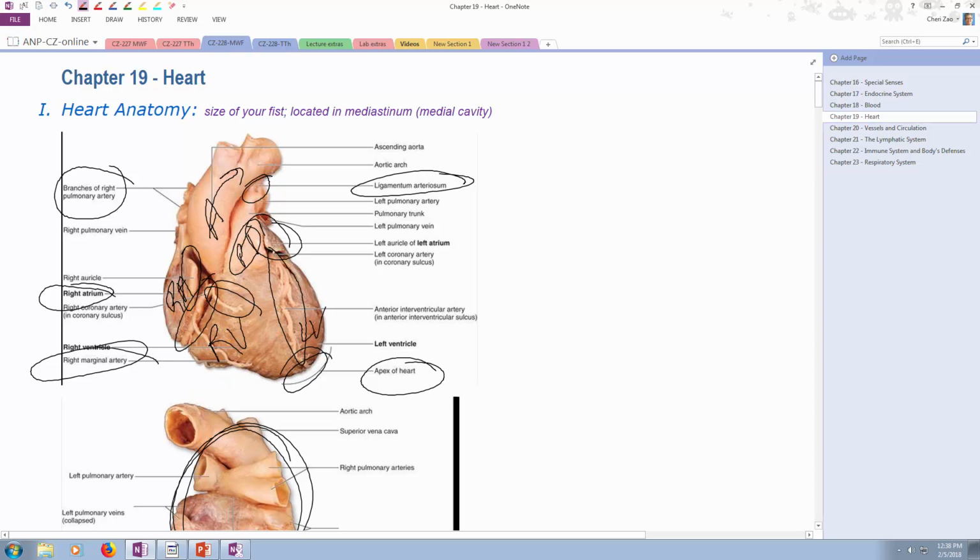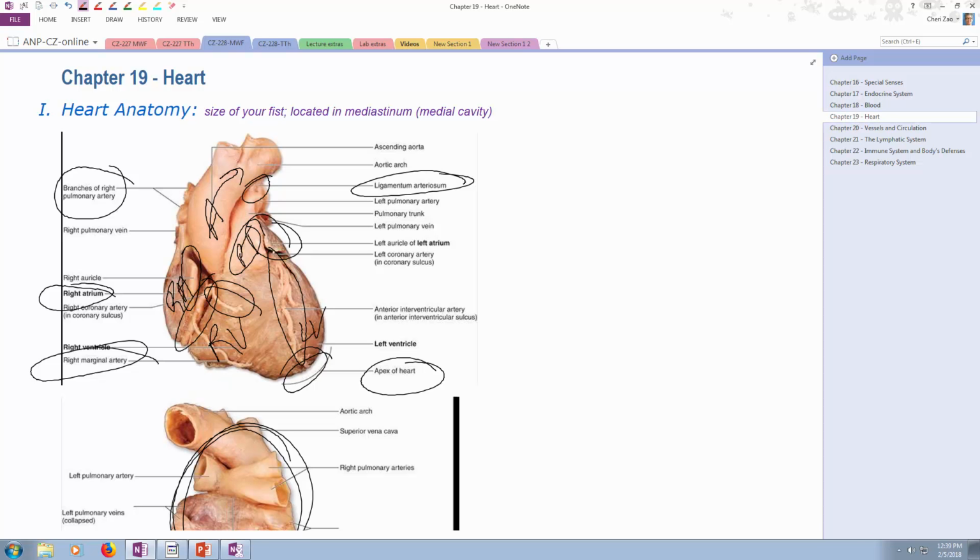Because that's how vessels are named, reasonable names. It could be a superior right ventricular artery, or you could maybe even call it an anterior right ventricular artery. So those would be reasonable names for a structure such as that.